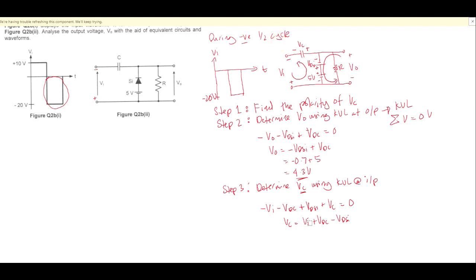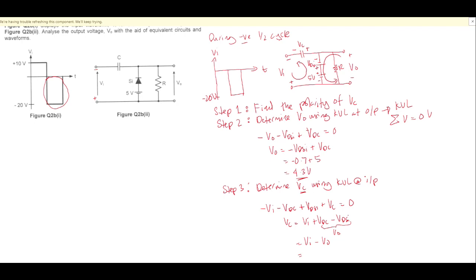That's it. As we notice, VDSI minus VC is V out. V out equals VDC minus VDSI. Alright, so VI minus V out.